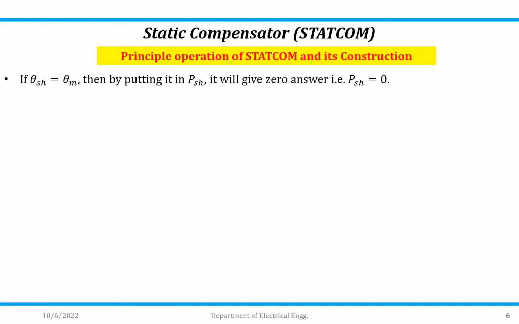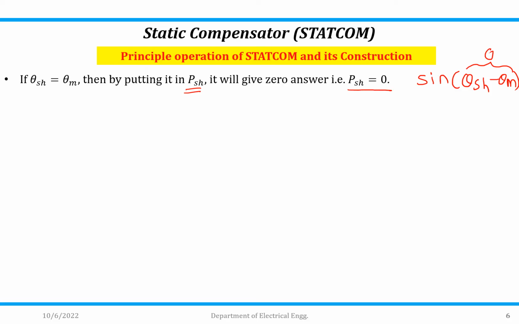Now what happens if theta sh and theta m are the same? If you put theta sh equal to theta m in the equation for Psh, you will get 0, because the term was sine of theta sh minus theta m. Theta sh minus theta m will be equal to 0, and sine 0 is equal to 0.